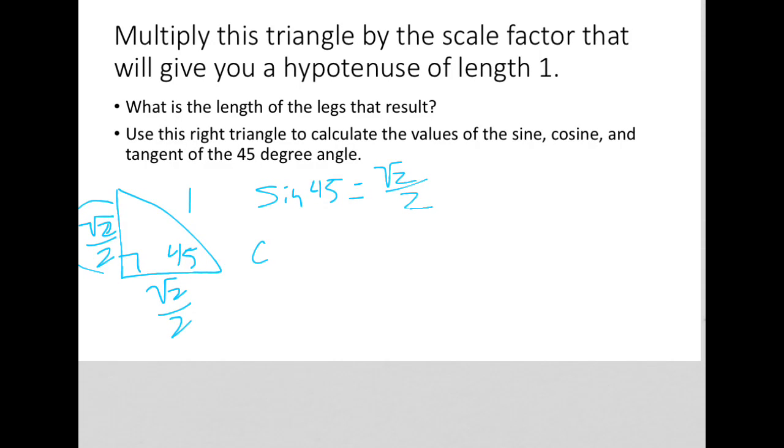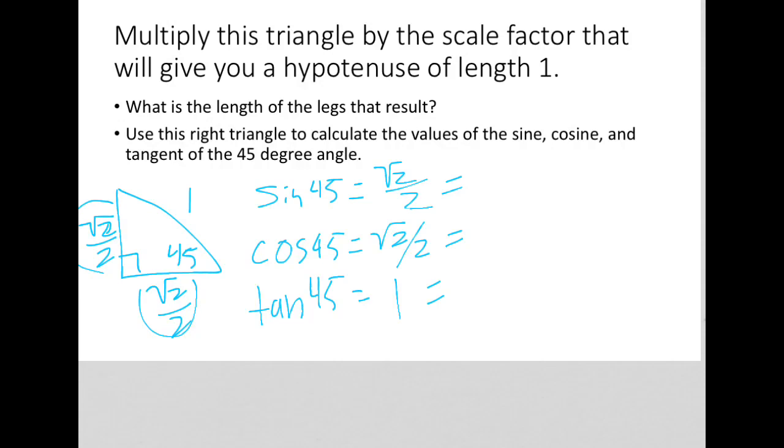And we can do cosine of 45 is the adjacent, which is that side, over the hypotenuse, which is again 1. So I again get root 2 over 2. And then we can do tangent of 45, which is the opposite over the adjacent, but they're both square root of 2 over 2. So I get 1.